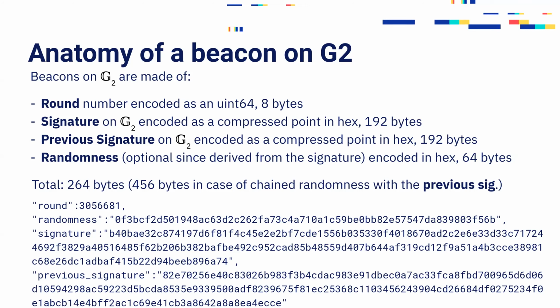And so we hash that signature to get a random value that is a byte string, a bit string. So here we can see the randomness. It's also in hex, and it's taking 64 bytes. And that's because we're hashing it with SHA-256 and representing it in hexadecimal as well.